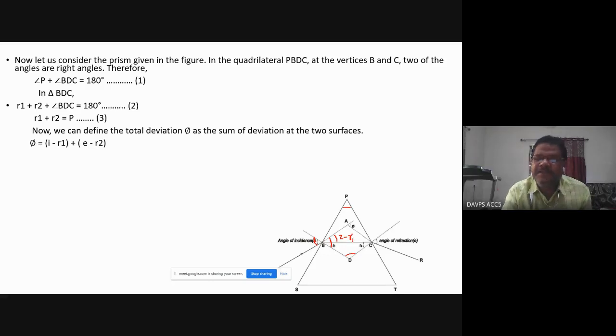In this manner, this will be equal to E minus R2, because E is this one.